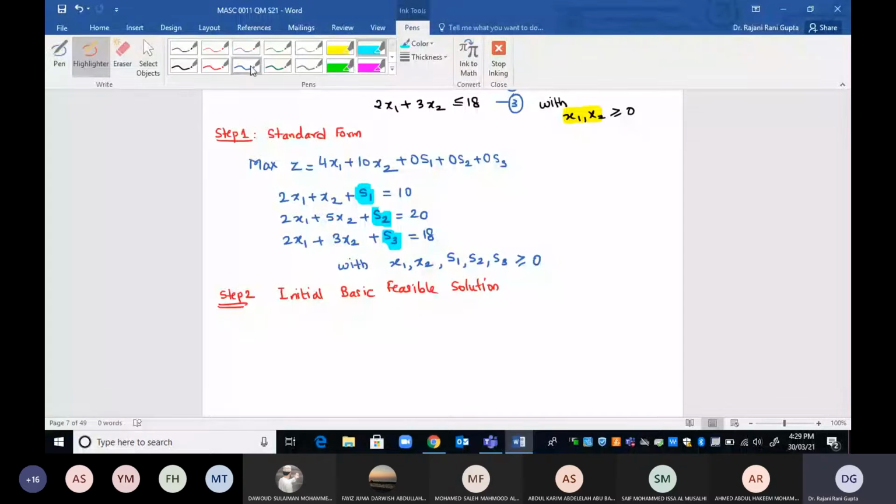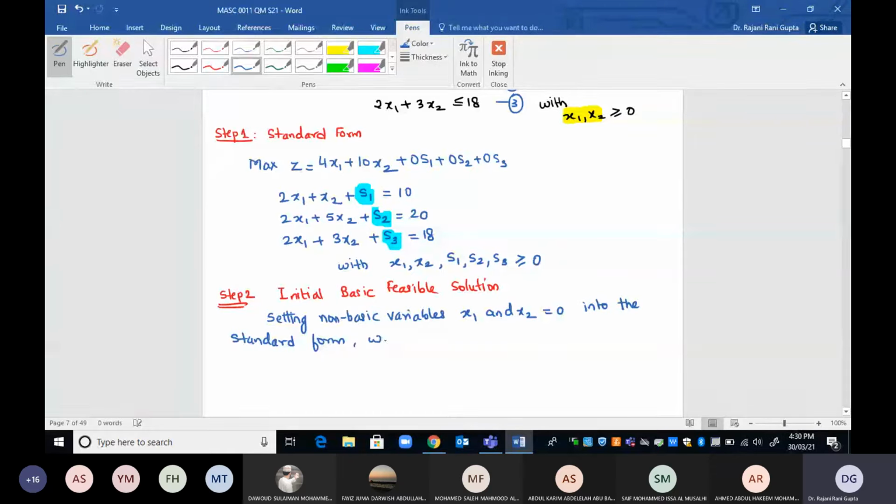So we say that, substituting the non-basic variables x1 and x2 equal to 0 into the standard form, what will we get?